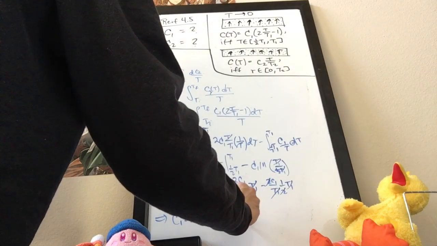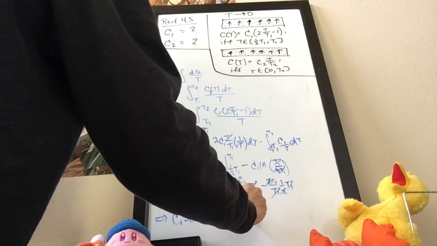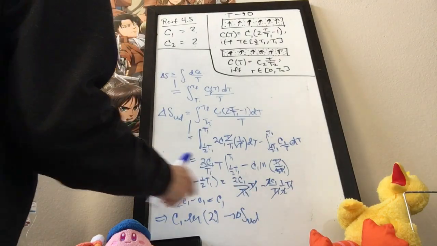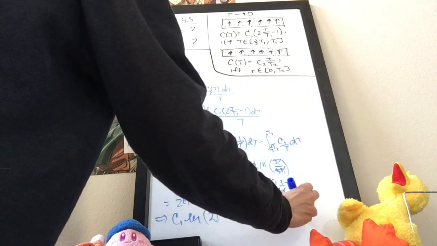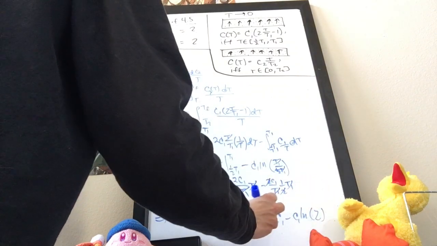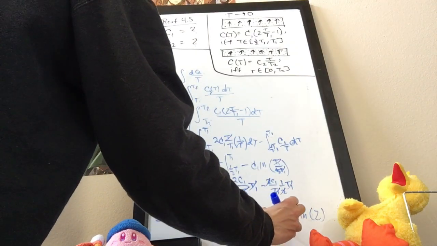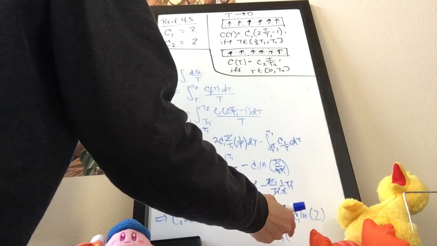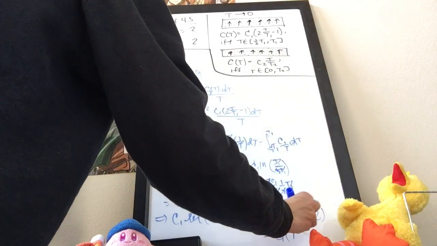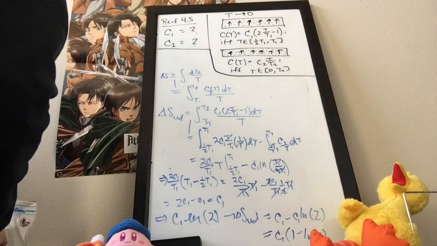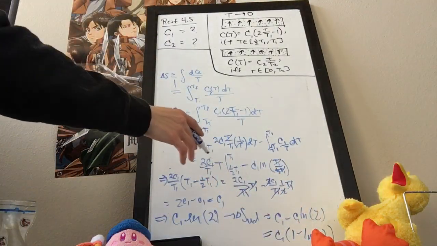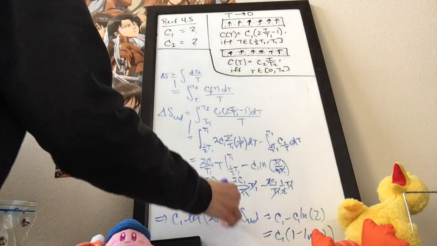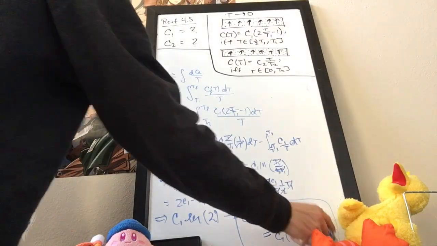So altogether, the change in entropy of the undiluted form is equal to C1 minus C1 natural log of 2, which is just equal to C1 times the difference of 1 minus the natural logarithm 2, I believe. Let me make sure I'm not going crazy. Yep, that's right. So that's what we get for our undiluted form.